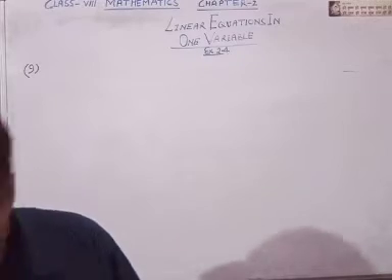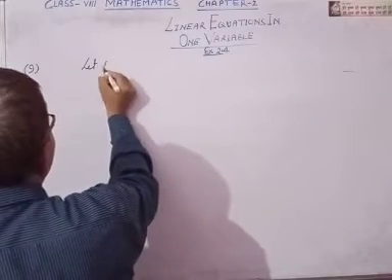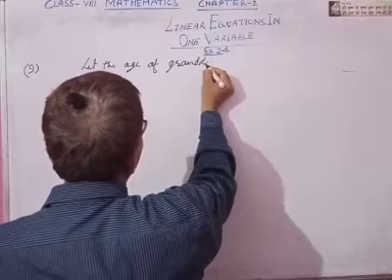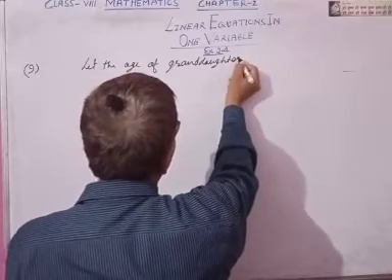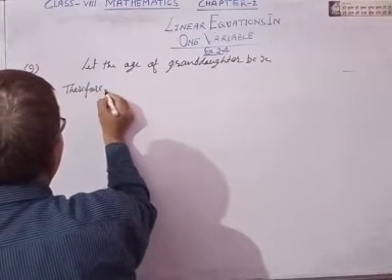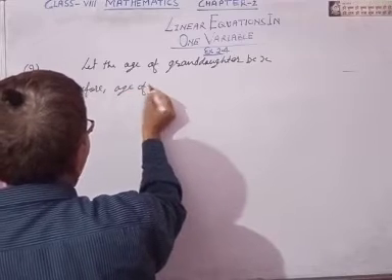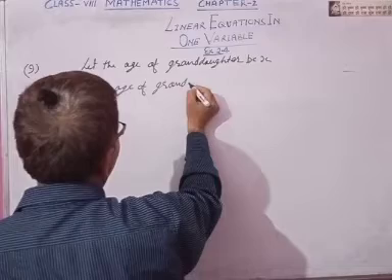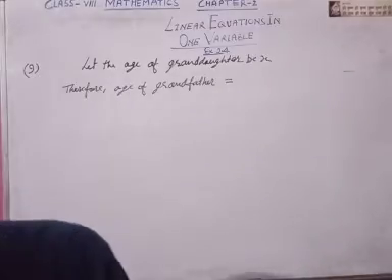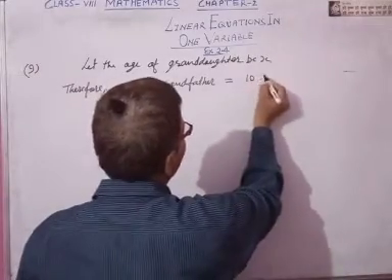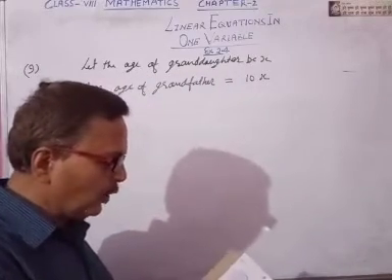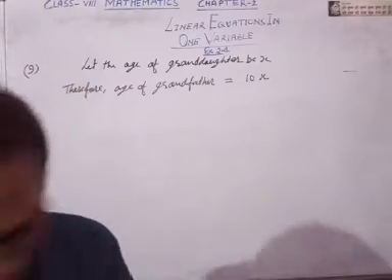Let the age of granddaughter be x. Therefore, the age of grandfather is 10 times, so 10x, and one more condition is he is also 54 years older than her.